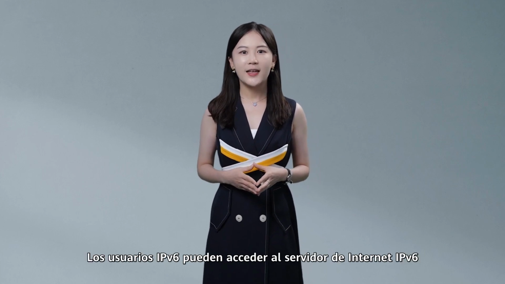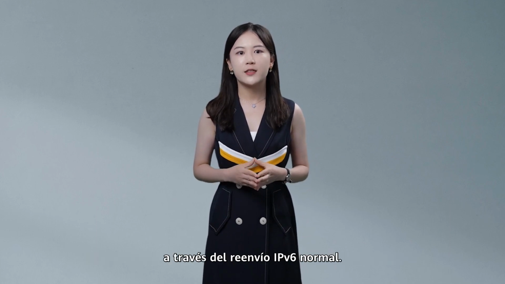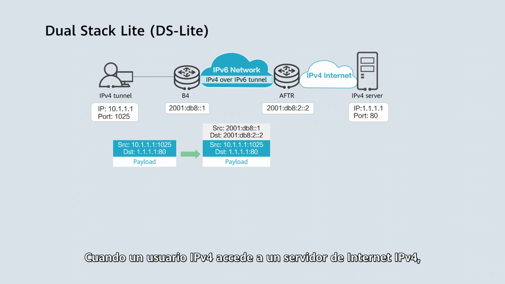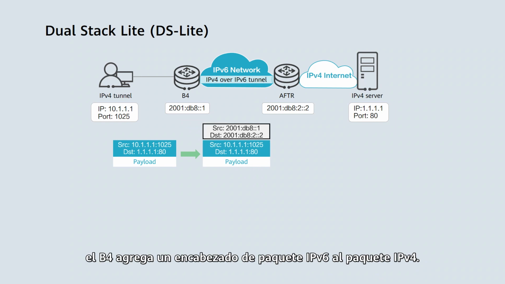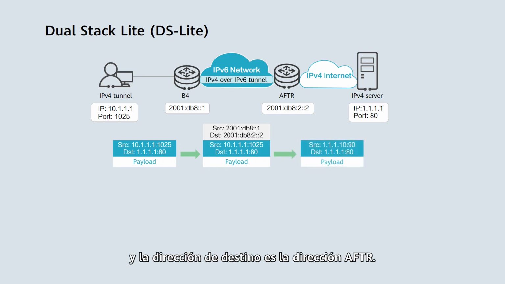IPv6 users can access the IPv6 internet server through normal IPv6 forwarding. When an IPv4 user accesses an IPv4 internet server, the B4 adds an IPv6 packet header into the IPv4 packet. The source address in the IPv6 packet header is the B4 address, and the destination address is the AFTR address.